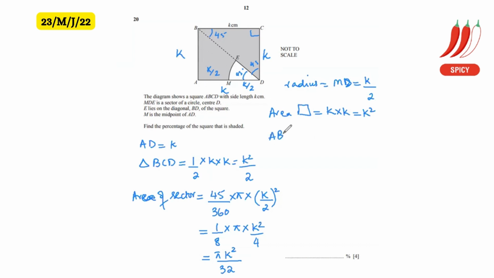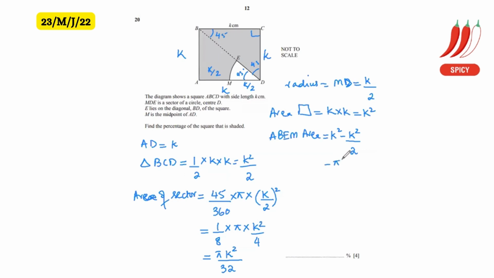So ABEM area would be K squared minus K squared over 2 minus pi K squared over 32. That is 32K squared minus 16K squared minus pi K squared, all over 32.